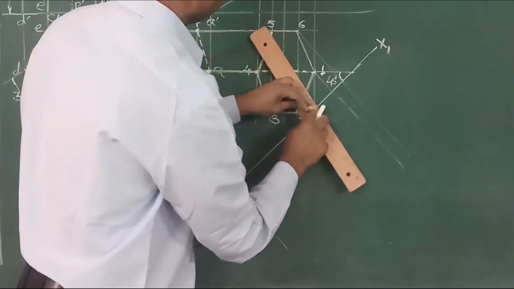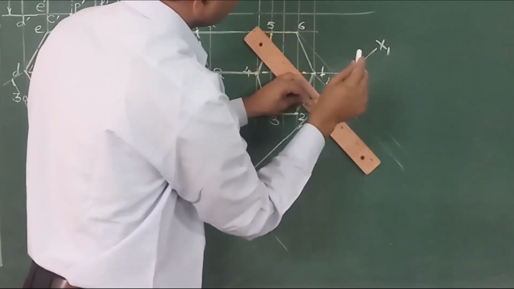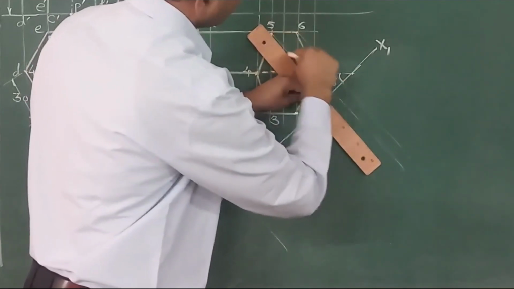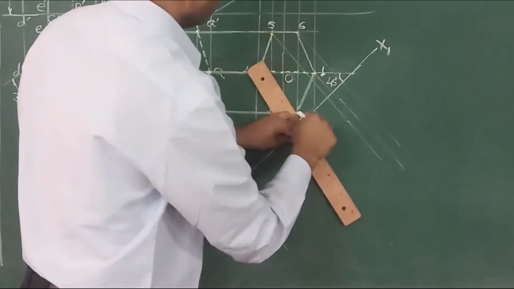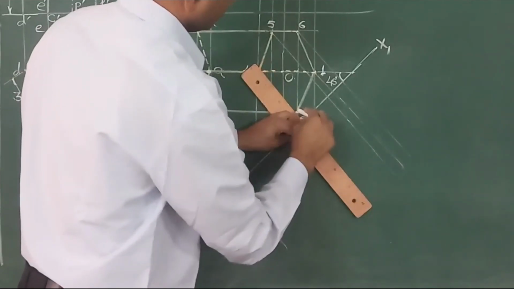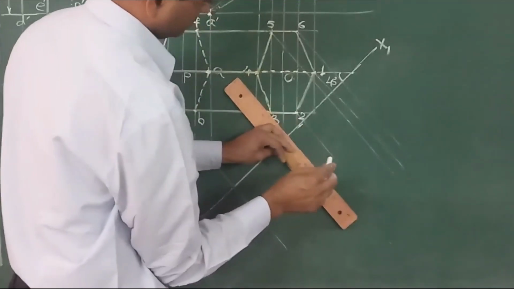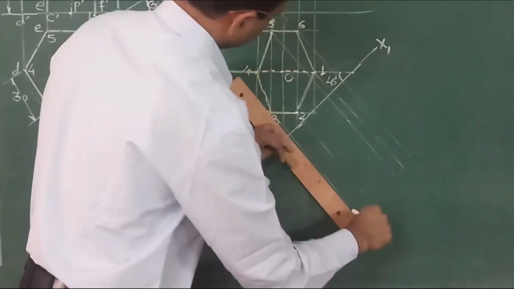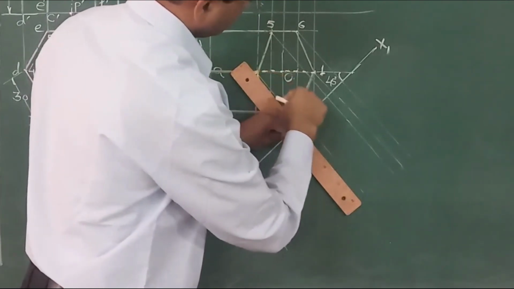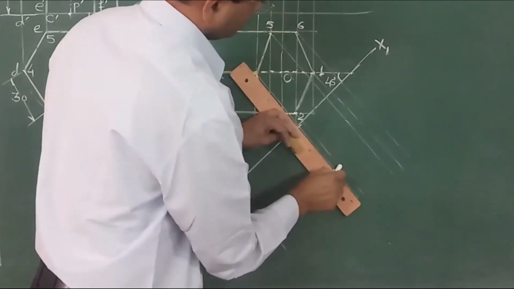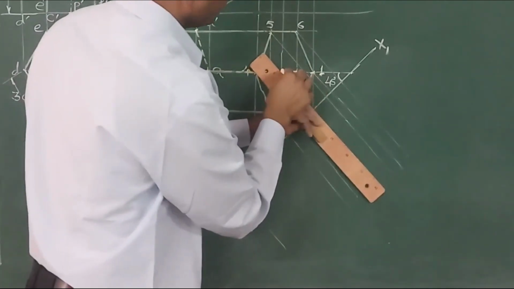So projector through 5, then through 2, then 3, here is 4, then projector through O.